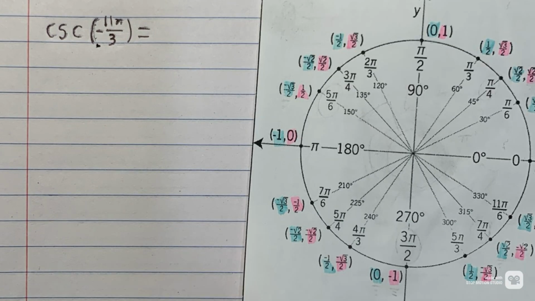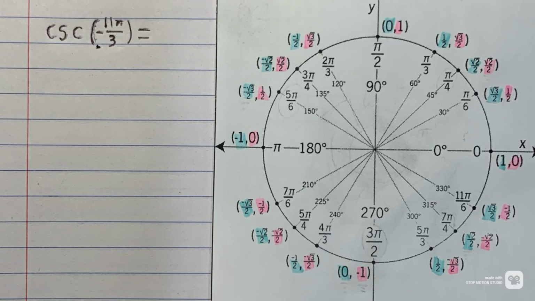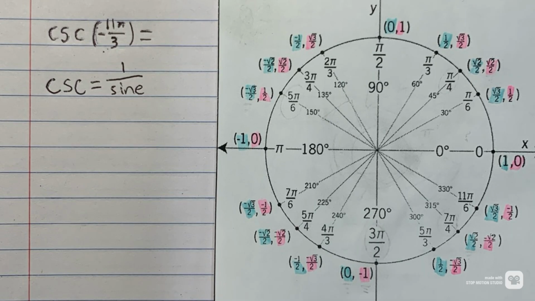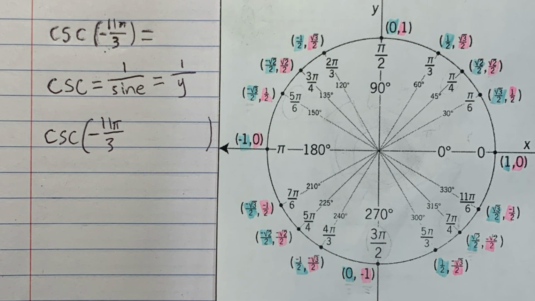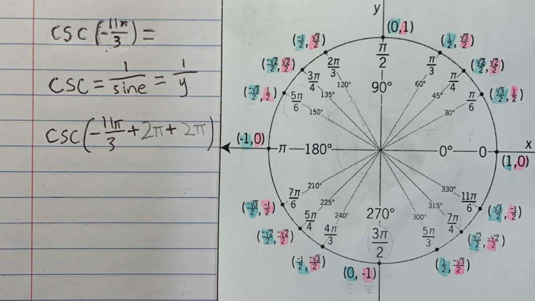Now let's put everything that we've learned together to solve this problem, the cosecant of negative 11 pi over 3. Now this problem looks scary at first. There's a negative and it's not on the unit circle, but we can solve it with the strategies that we learned. First, cosecant is 1 over sine, or 1 over the y value. Then we use that trick from before where we add or subtract multiples of 2 pi to get to a value on our unit circle.